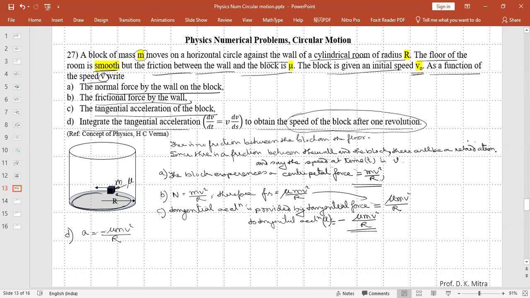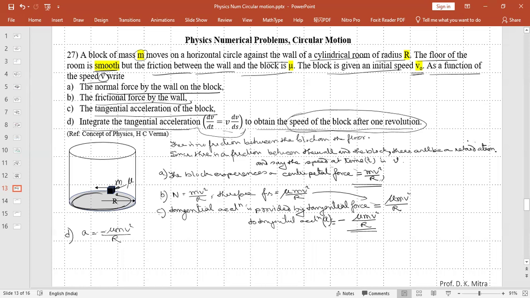Now, let me point out one thing. The question has said, integrate the tangential acceleration. In fact, there are other easy methods of finding out the speed at the end of one revolution. One revolution is the total path. Total path is 2 pi r.